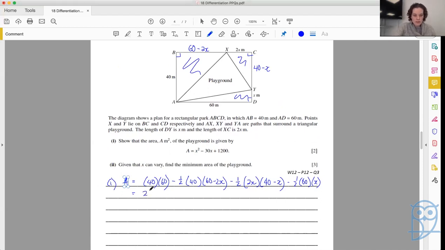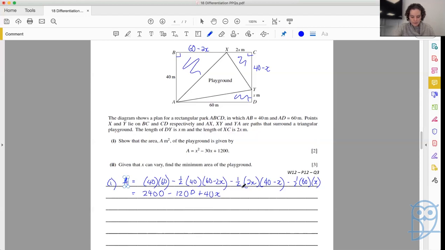40 times 60 gives us 2,400. Minus a half times 40 times 60 minus 2x: a half times 40 gives us 20, so minus 20 times 60 is minus 1200, and minus 20 times minus 2x gives us plus 40x.